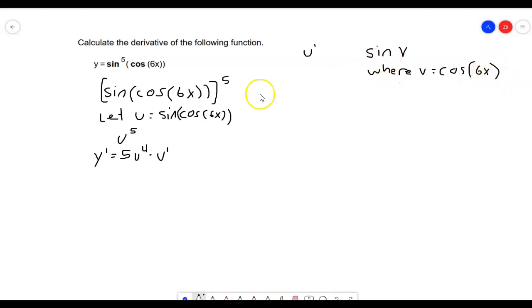Like before, I'm going to let v equal the cosine of 6x.